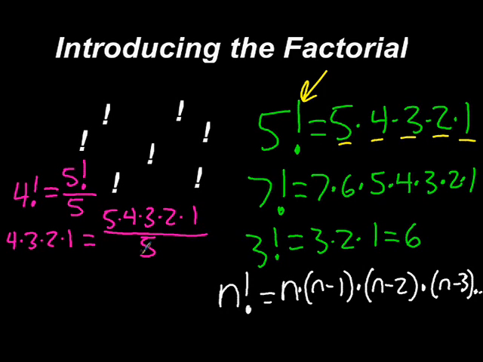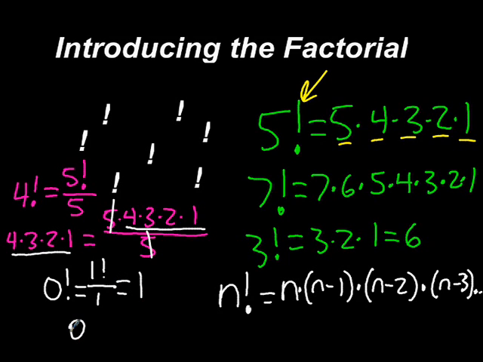And then the 5s end up slashing out. So then this equals this. So we're good. So then 0 factorial will equal 1 factorial divided by 1 as well, which equals 1. So in the end, 0 factorial actually equals 1 for all of our purposes.